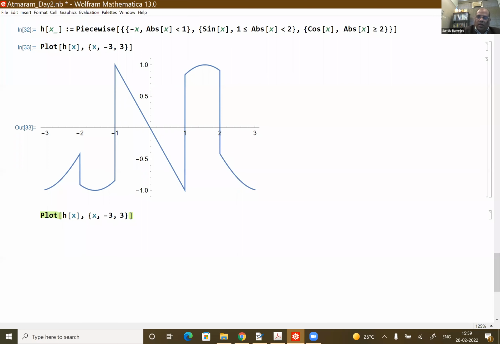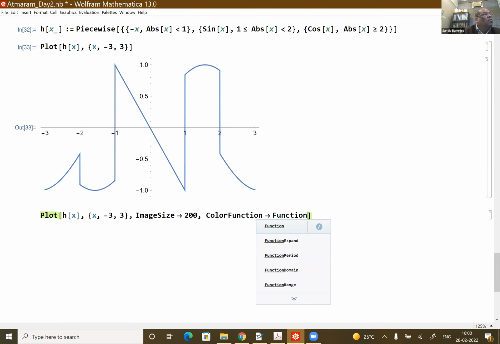Say I make ImageSize 200. I use the ColorFunction, which is x.